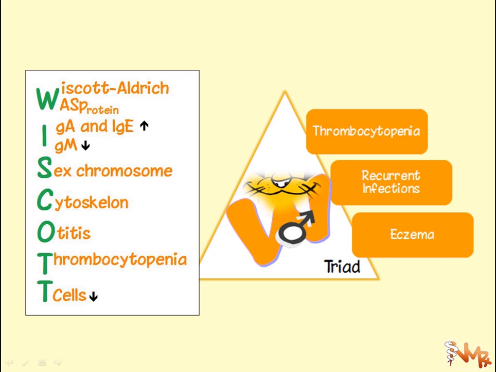W for Wiskott-Aldrich, also W for WASP protein, I for IgA and IgE that increase, and IgM that goes down, S for sex chromosome, K for cytoskeleton anomalies, O for otitis media, T for thrombocytopenia, and T for low T cells.